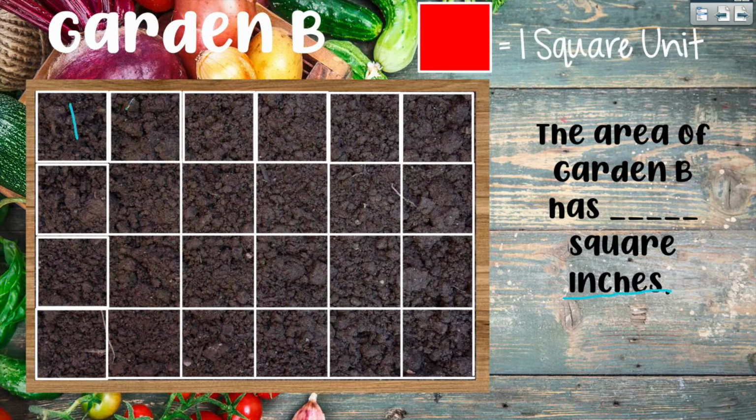1, 2, 3, 4, 5, 6. So there's 6 square units in one row.